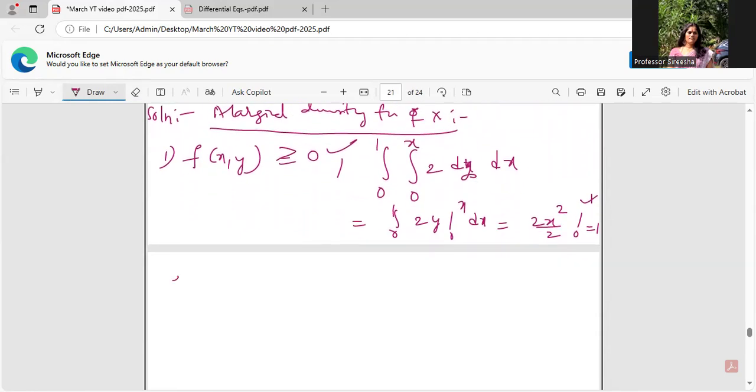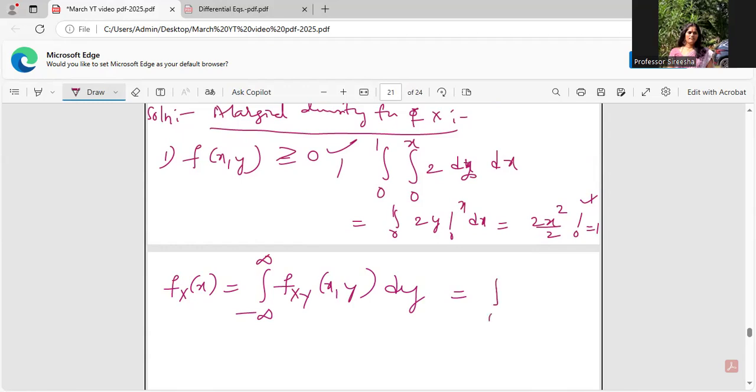Now it is nothing but f capital X of x, which is equal to the integral from minus infinity to plus infinity of f of x comma y dy. I am finding this out. In such a case, x will be fixed, y will be varying. But anyways, from minus infinity to infinity, the function is not existing.